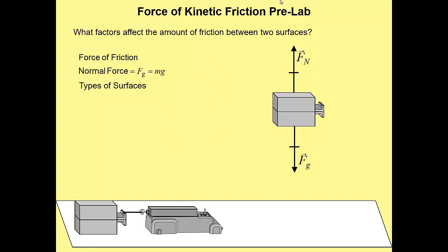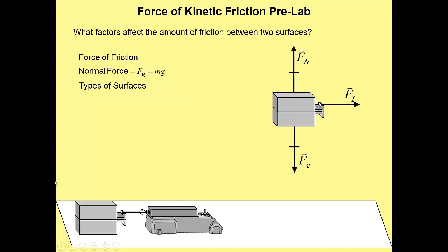Since the units are newtons per kilogram, we have to have our mass in kilograms. Got to convert everything. In the actual video, it's all in grams, but I've helped you by converting that over already in your lab sheet into kilograms. So that's how we'll figure out what the normal force is, not directly, but by creating a situation where it is equivalent to the force of gravity, and then we can calculate the force of gravity.